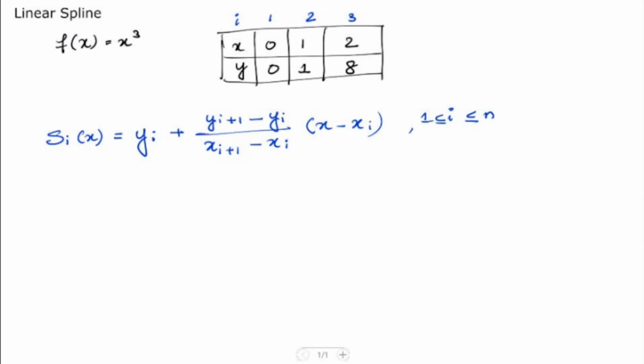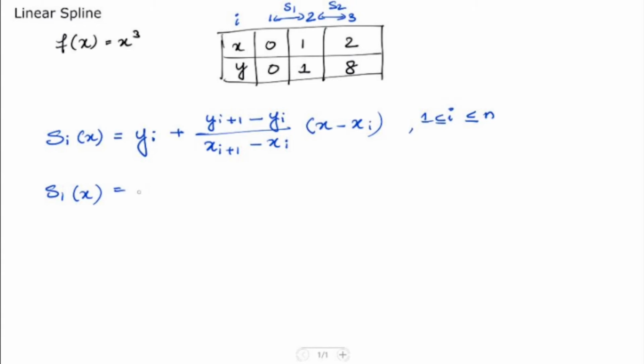So now the linear splines. Between 3 data points here, we will have 2 splines. Between these 2 data points, we will have our spline 1. And between these 2 data points, we'll have our spline 2. So now for i is equal to 1, we have our first spline.